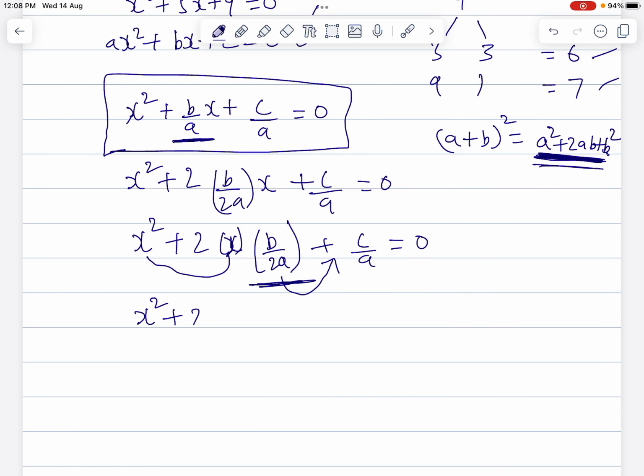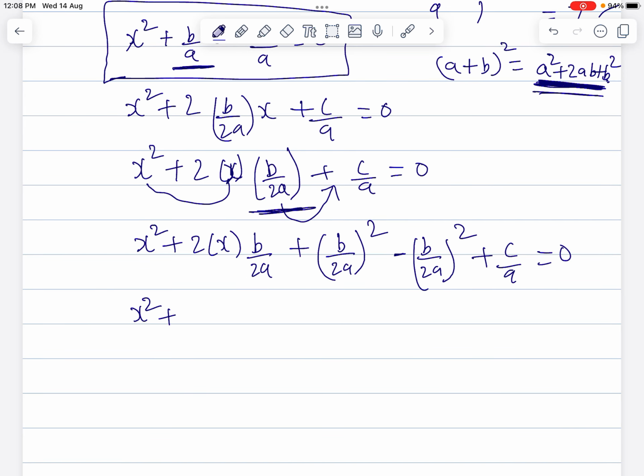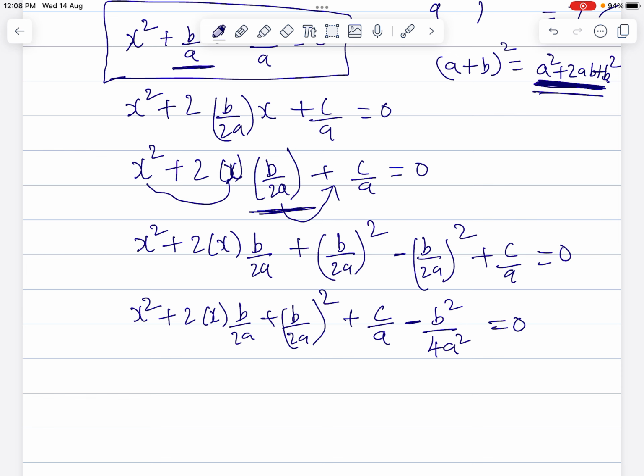For that, observe carefully. I am adding b by 2a whole square and subtracting b by 2a whole square, plus c by a equal to 0. So this can be written as x square plus 2x into b by 2a plus b by 2a whole square plus c by a minus b square by 4a square equal to 0.